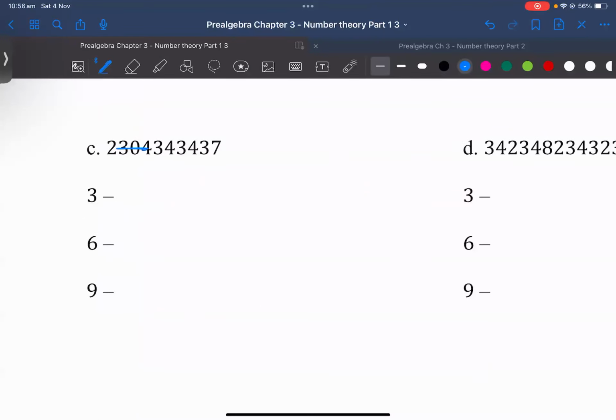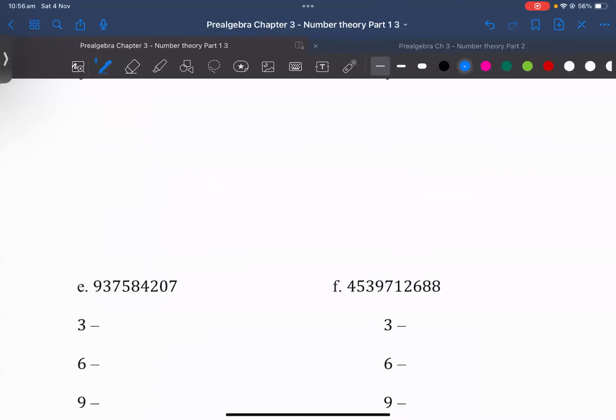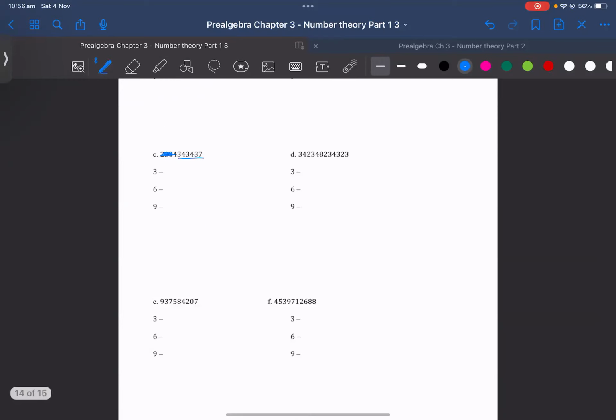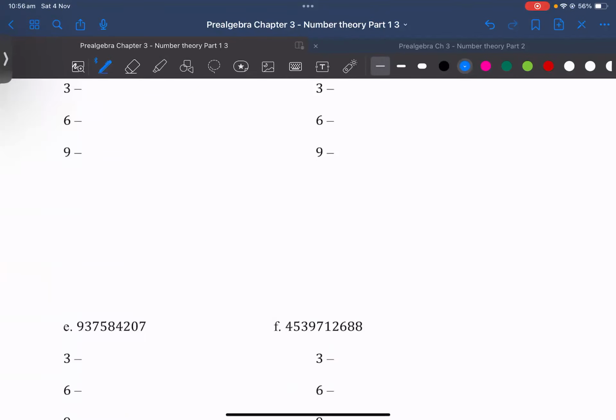I think I will get rid of this again. You'll need to check this bit because those numbers get big. So change this number to 1584207.